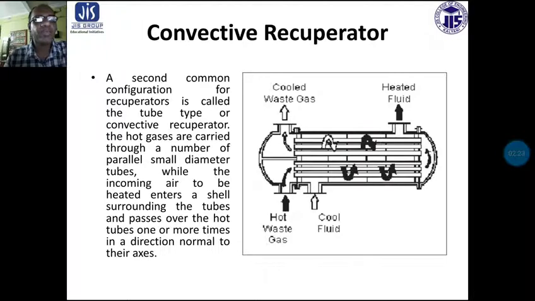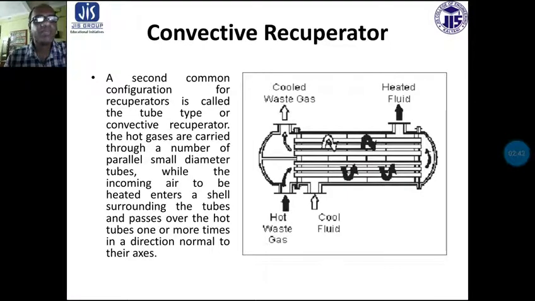Although baffling increases both the cost of the exchanger and the pressure drop in the combustion air path, it increases the effectiveness of the heat exchanger.